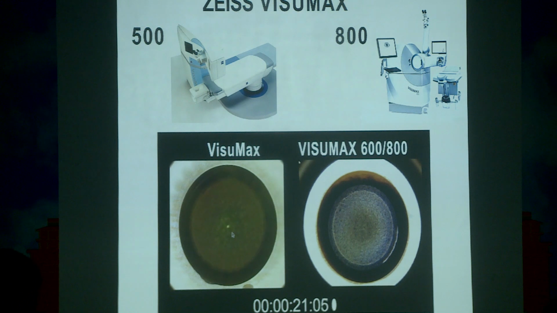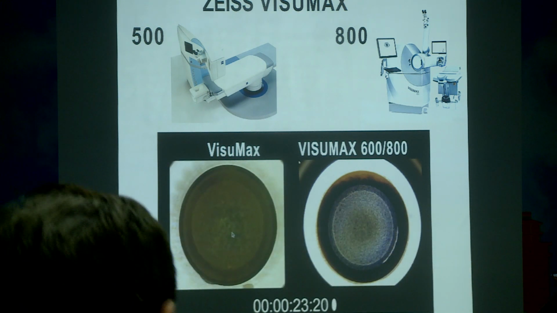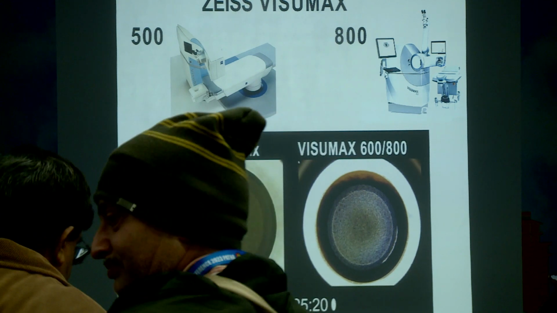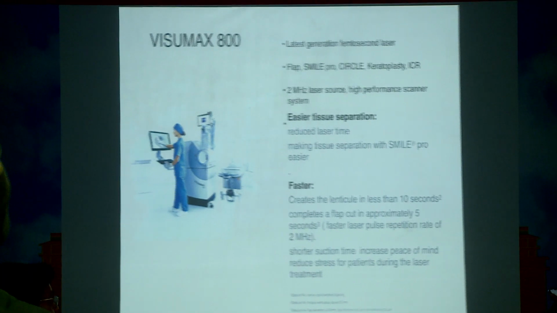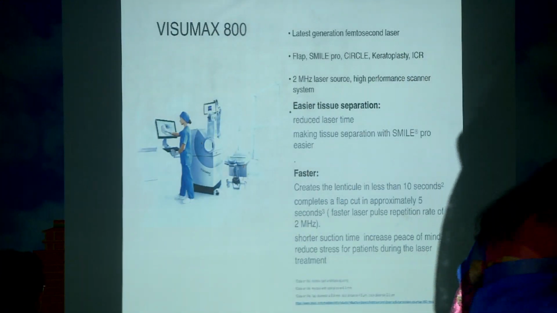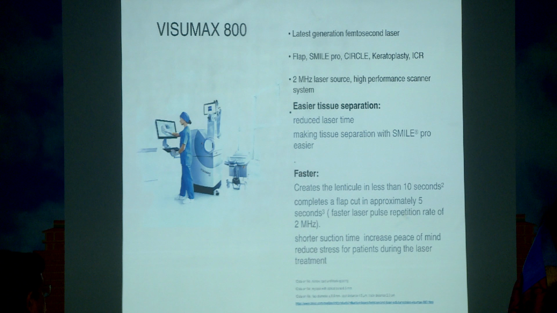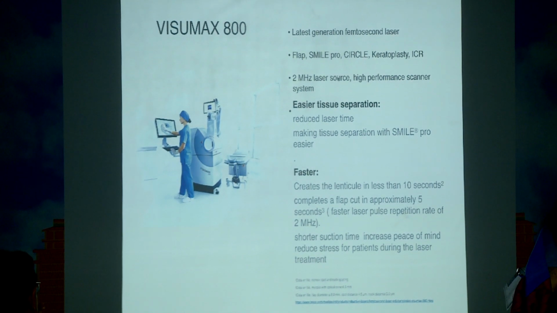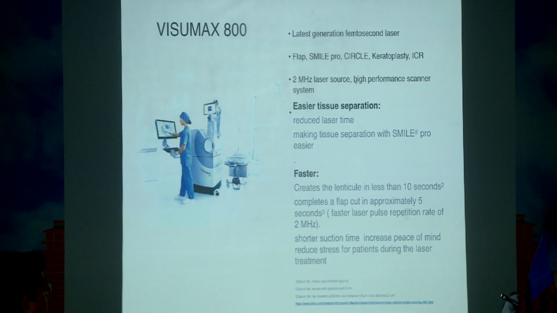Gone are those days where we used to have those suction losses, tachycardia, and blowing of adrenaline into our system. What Visumax 800 has given us is the latest generation femtosecond laser, and what has made the change is this 2 megahertz laser source. This has transformed into two major things.